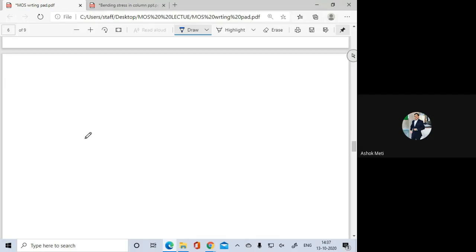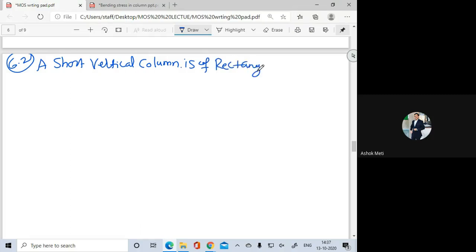Okay, so this is the second numerical. A short vertical column is of rectangular section, that is 40 by 30 centimeter.